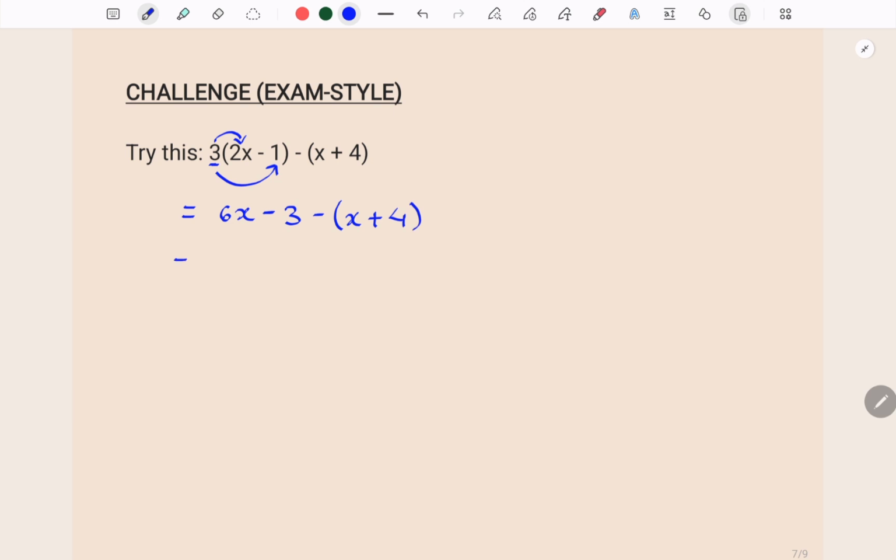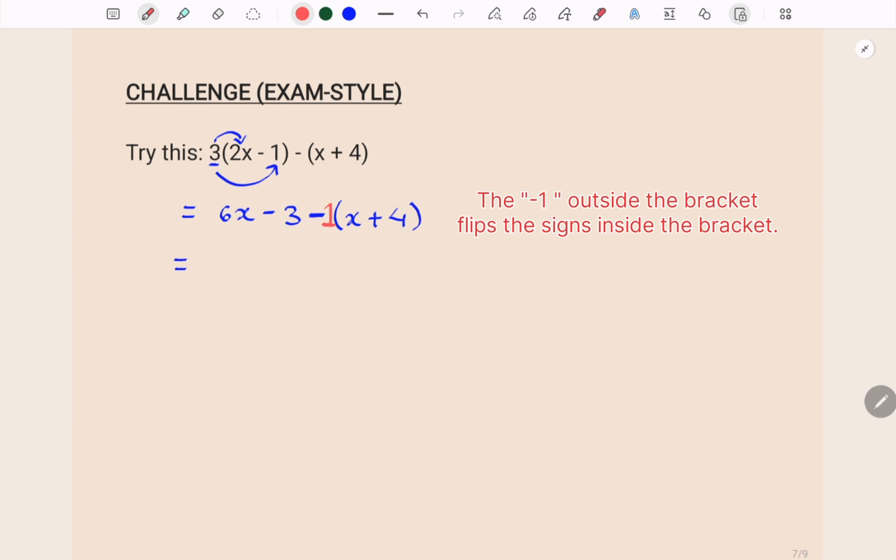Now, let me introduce a concept here. Here you can see that there is a negative sign written just in front of this bracket. What this negative sign implies is that there is a 1 here that is being multiplied inside the bracket. So the minus sign will be multiplied inside this bracket, and it will flip the signs.